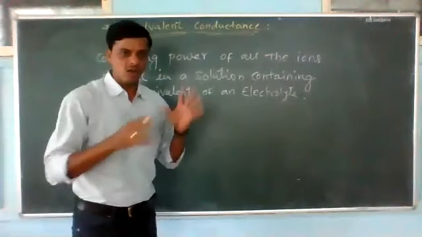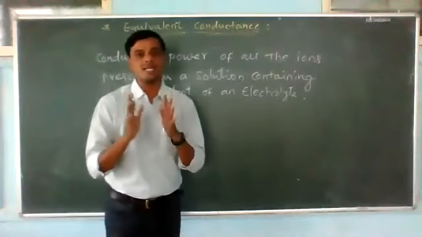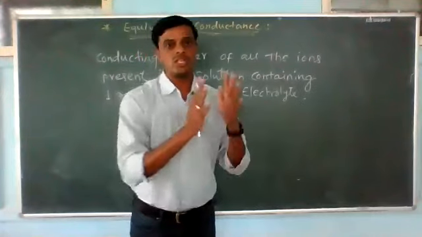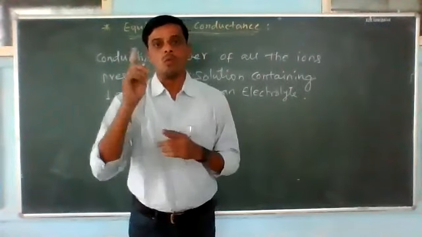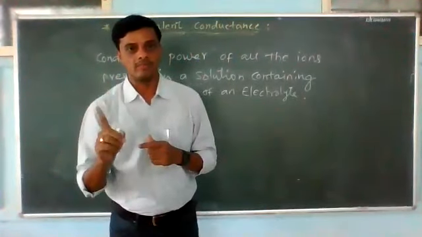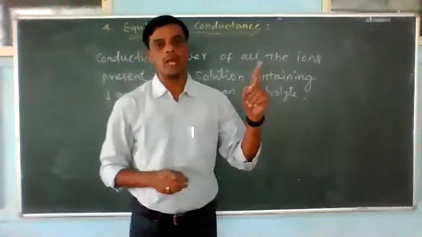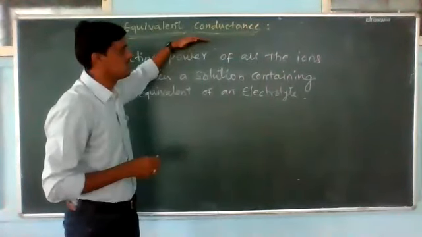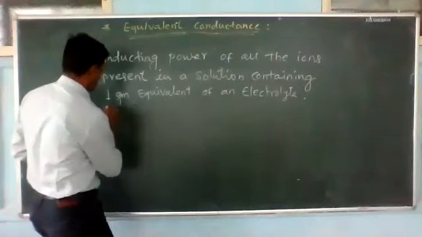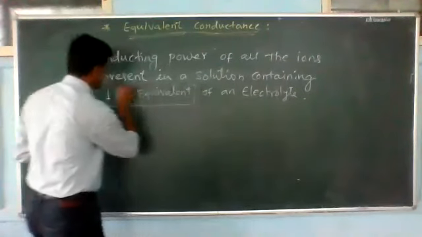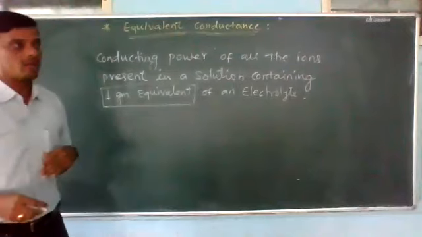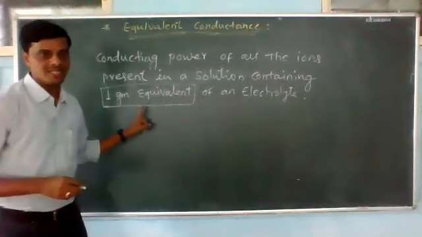The conductance of such a solution which consists of 1 gram equivalent of an electrolyte is known as equivalent conductance. Why equivalent conductance? Because in that given volume of solution, 1 gram equivalent of an electrolyte is dissolved.